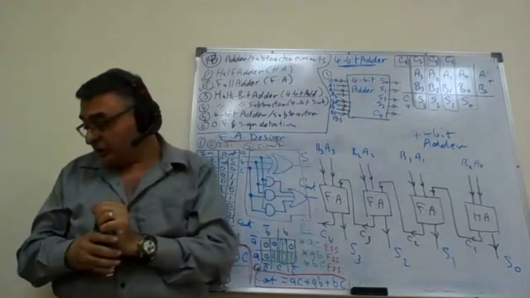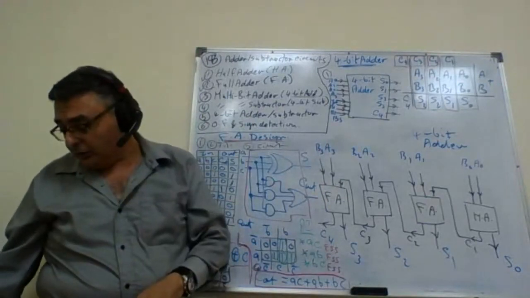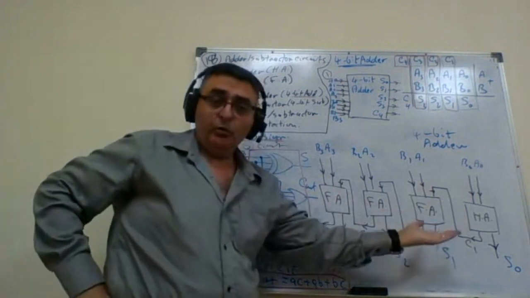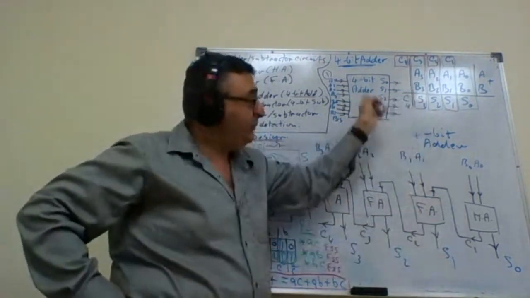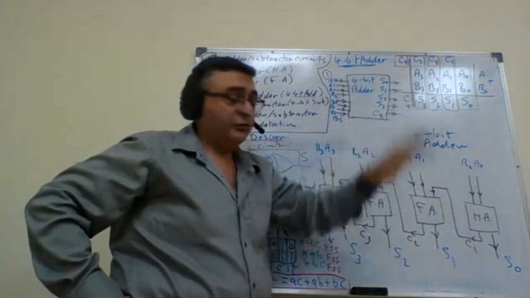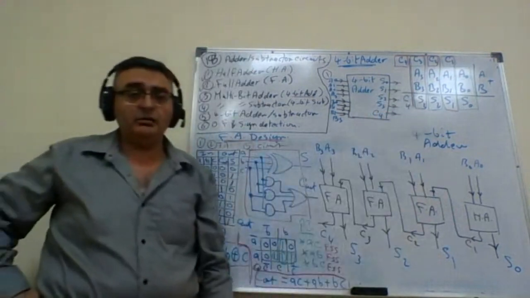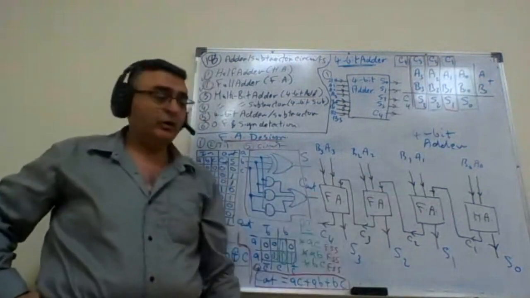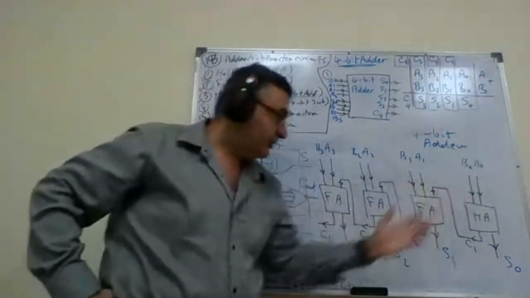Before we close this issue and go to our break, I just want to ask a question. What if I have A and B not 4 bits? If they are 8 bits or 16 bits, what kind of modification will you make to this circuit?